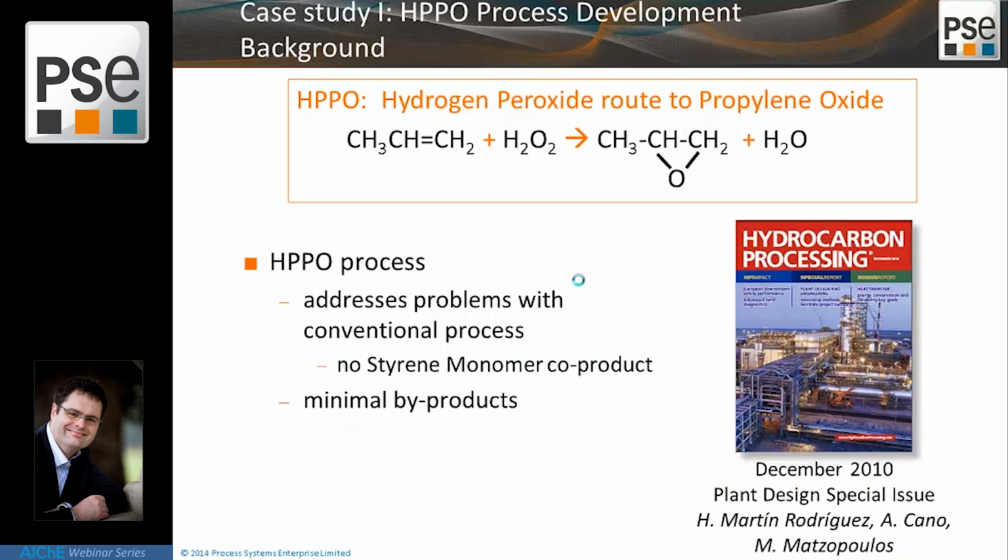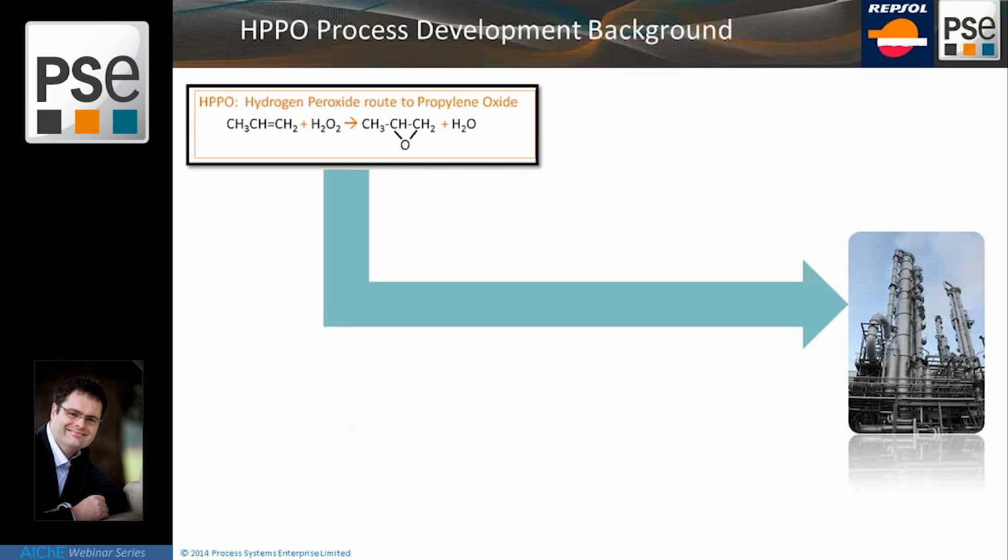This new process addresses some problems with the conventional process, in the sense that there's no styrene co-product being formed, and it therefore has less byproduct. Obviously, there's some danger in the sense that water can react with propylene oxide, but it definitely has some benefits.